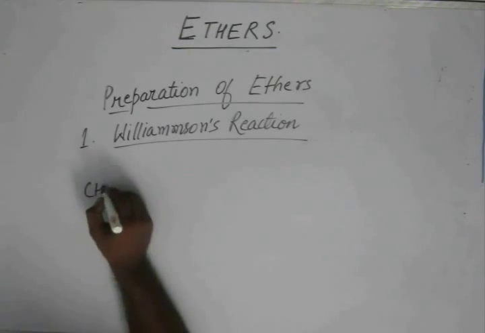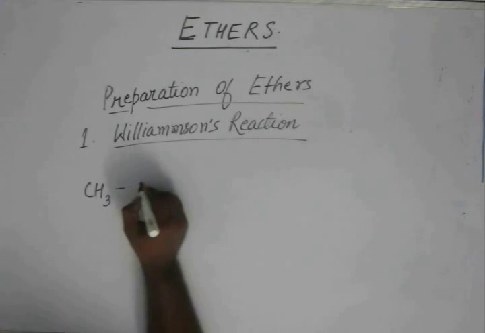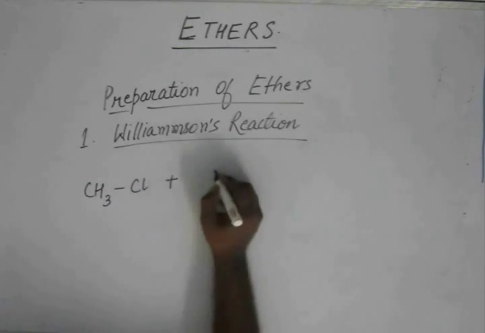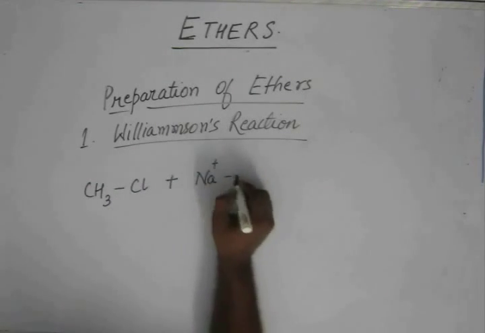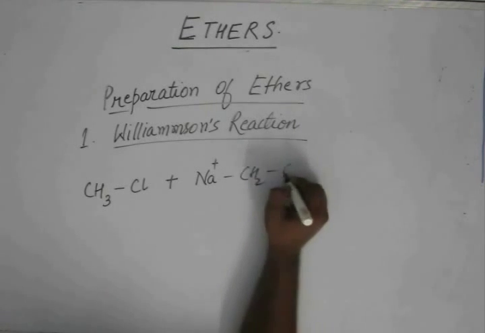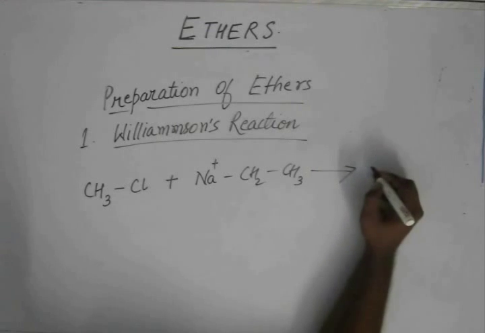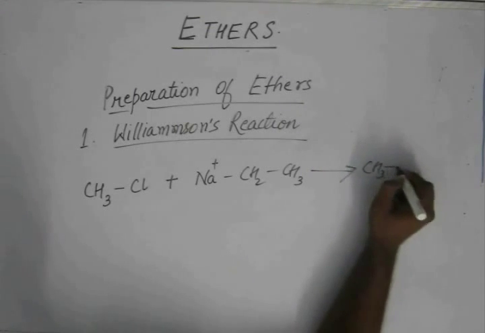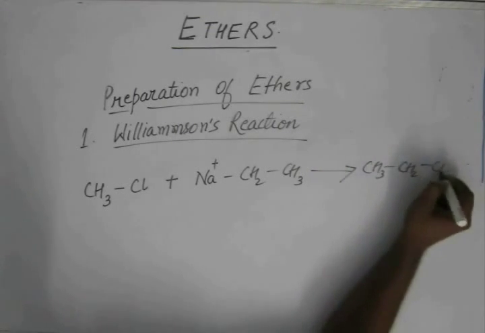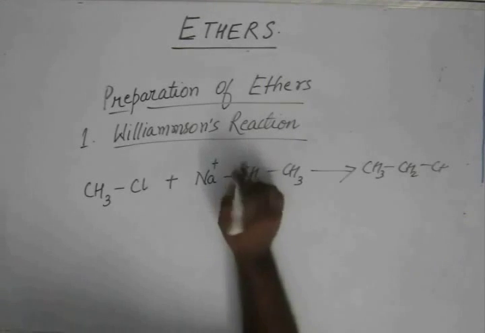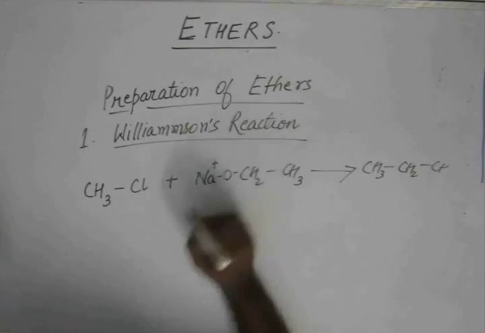So let's take, like, we have CH3Cl plus NaOCH2CH3. So what do we get? We get CH3OCH2CH3, sorry, I forgot to write the O over here.